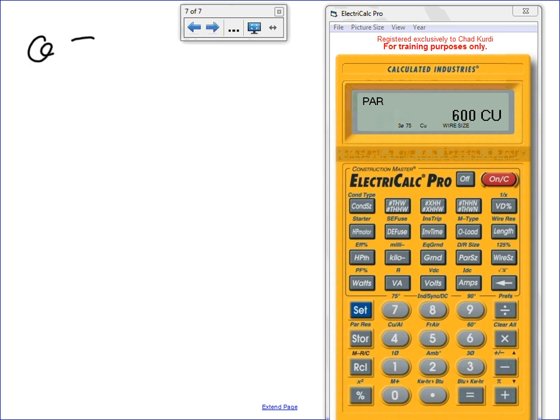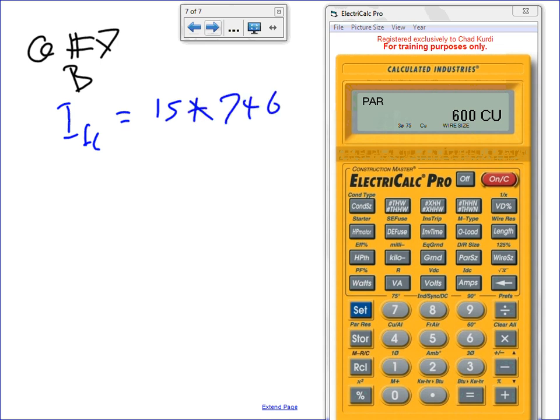Question number 7. I'm doing a B. Question number 7 is B. I need to find the full load current of the following. Find the full load current, I full load, of a motor that's 15 horsepower, times 746.